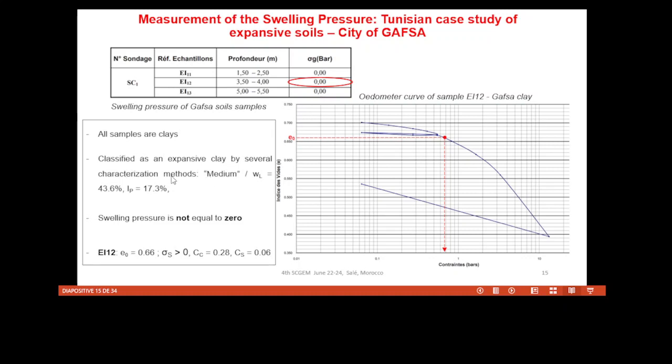However, after some classification we will go through, and considering the value of the liquid limit and the plasticity index, the swelling pressure is not equal to 0. Let us say it is not a good example to measure the swelling pressure, because we know that this type of soil is a swelling soil, but still the report puts swelling pressure as 0.